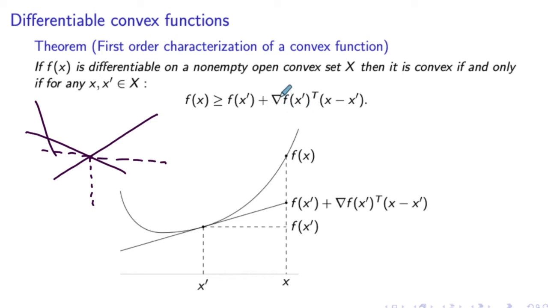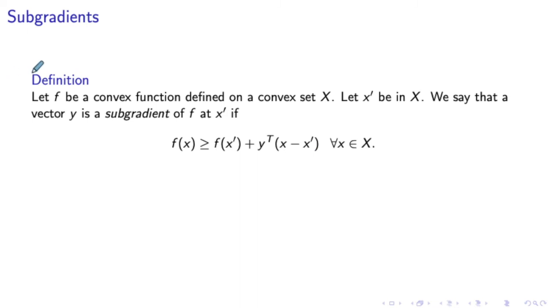So essentially we are going to replace the gradient which doesn't exist anymore with some vector y here, and we'll say that y is a subgradient for our function f at the point x prime if this inequality is satisfied for every feasible x.